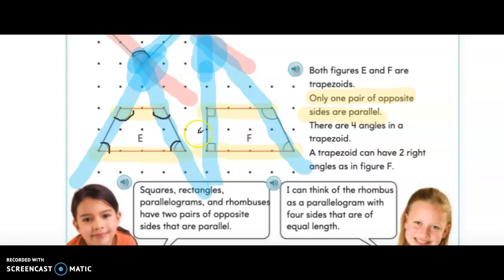We just need to keep in mind whether they're right angles, whether the sides are parallel, whether they're equal, all that good stuff. A trapezoid can have just 4 angles, or it can have 2 right angles, but only 2. So if you look here, we have 2 right angles, and then we have 2 regular angles. So both of these shapes are considered a trapezoid.